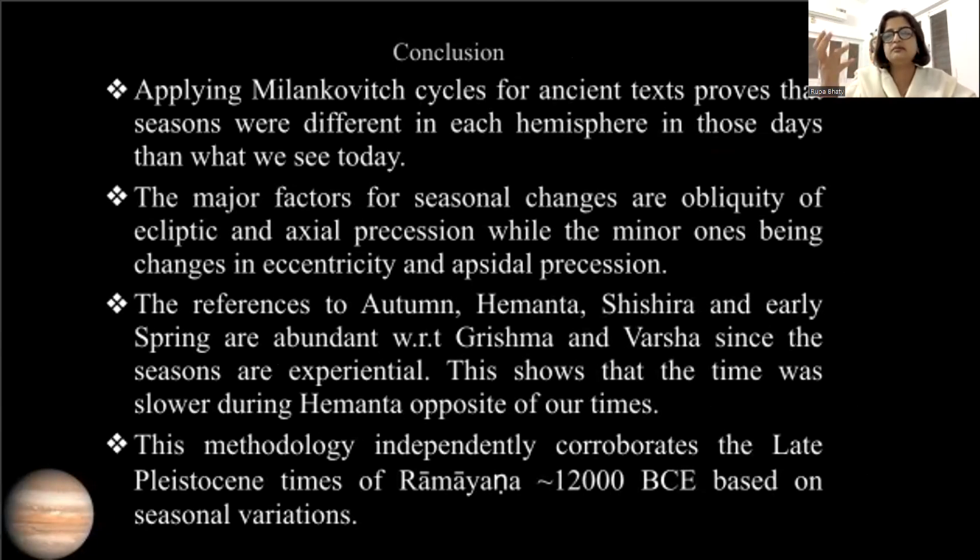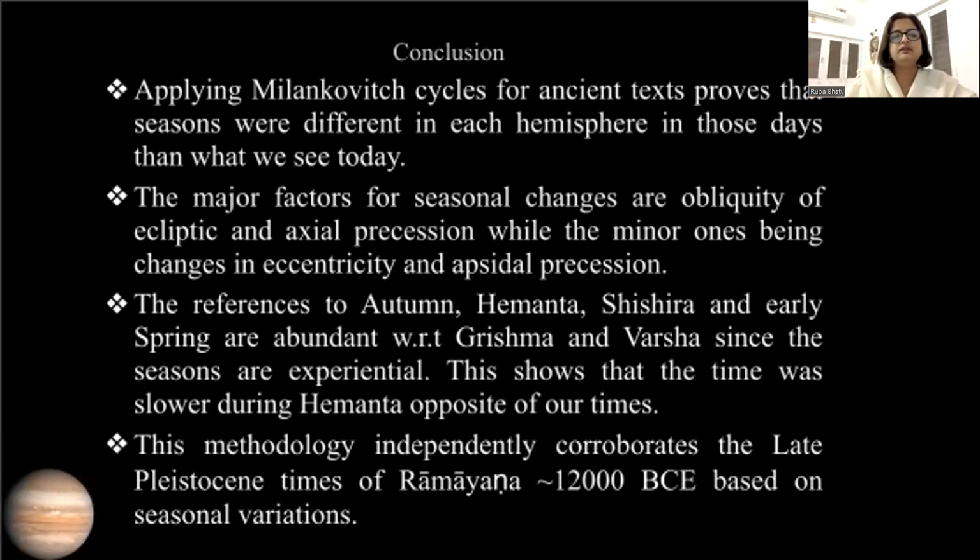So apsidal precession gives us an imagination of how fast that time passed away, and whichever was the slower season was being experienced, and due to being experiential, that was more visible in Ramayana.